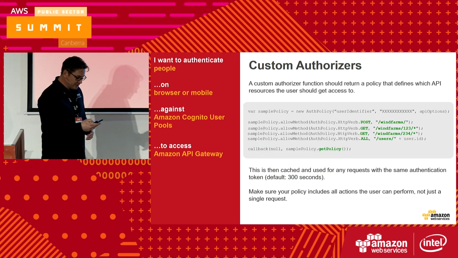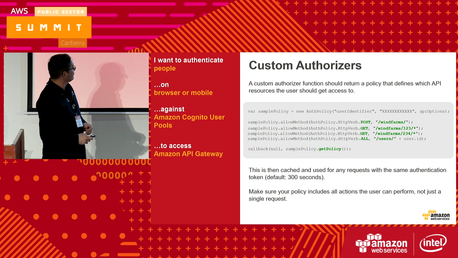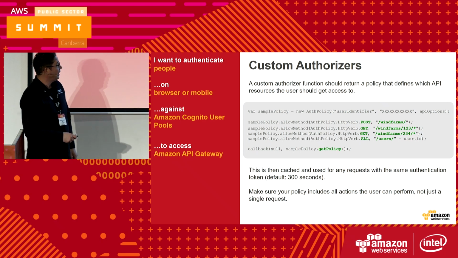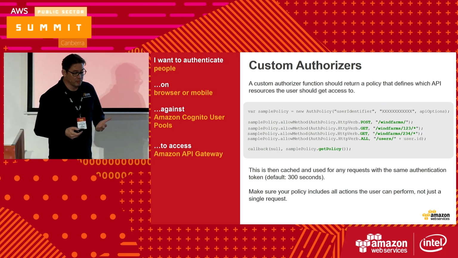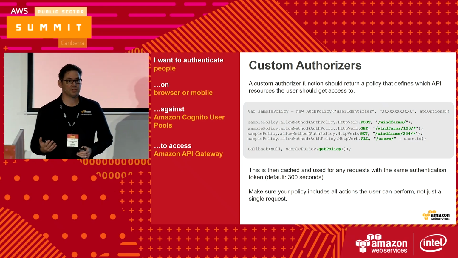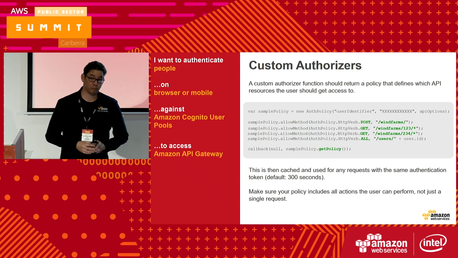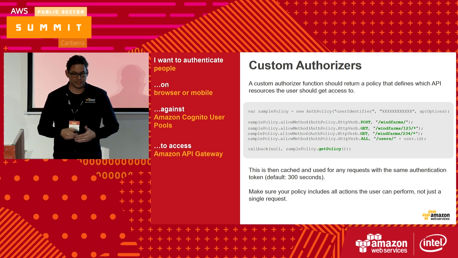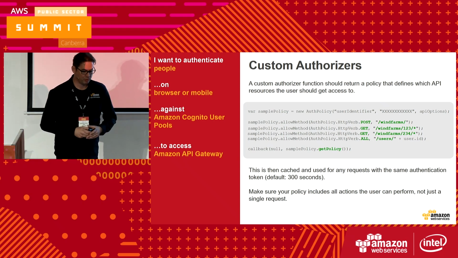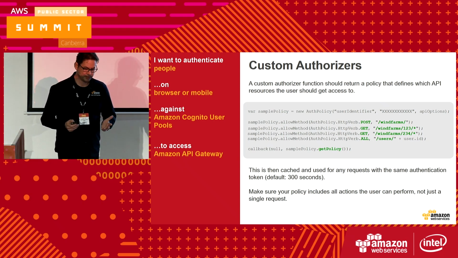The policies that get generated look a little bit like this. So you can see here that we're defining what HTTP verbs and resources this user has access to. And the important thing to remember is that you need to make sure that you stipulate every resource that user needs to have access to within that policy, rather than on a per resource basis.